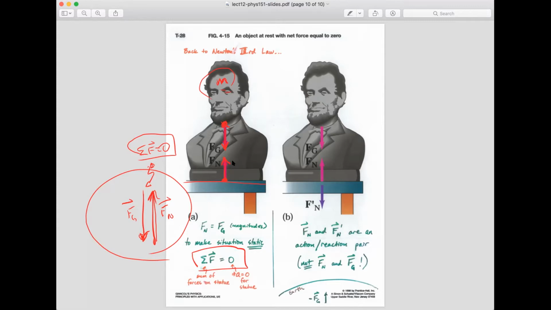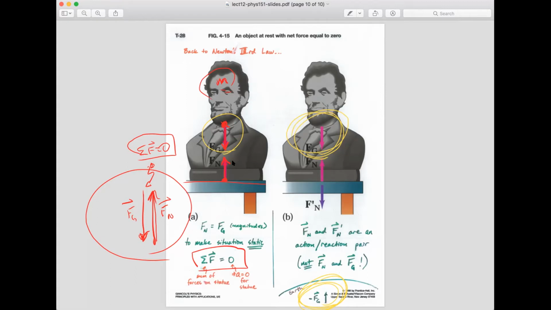What makes two forces an action-reaction pair? If object A exerts a force on object B, object B exerts a force back on object A. What's the object exerting the weight on this statue of Abe Lincoln here? It's the Earth, right? So the action-reaction pair for the weight is the fact that the bust is pulling upward on the Earth at the same time with the same number of newtons.